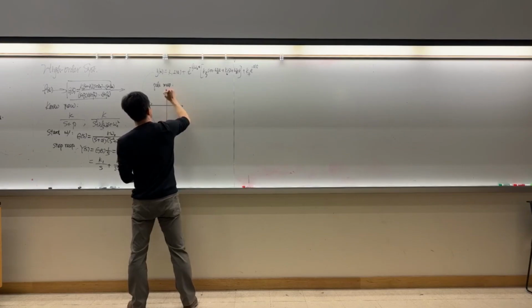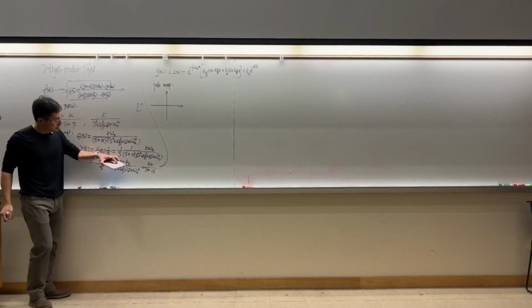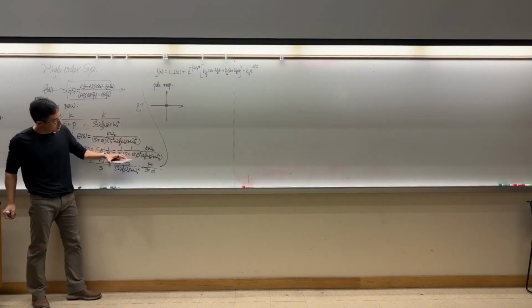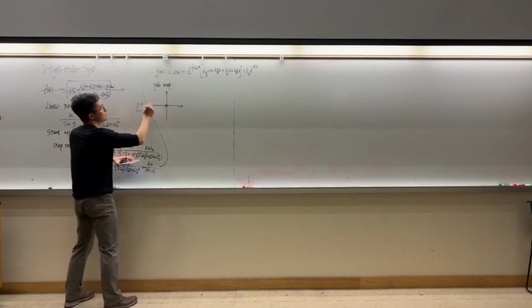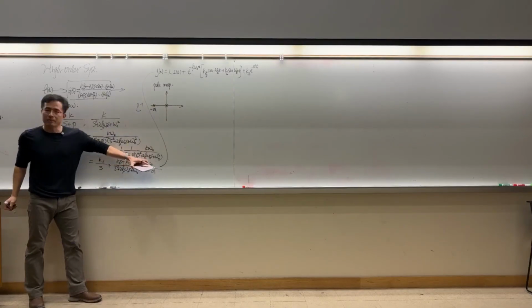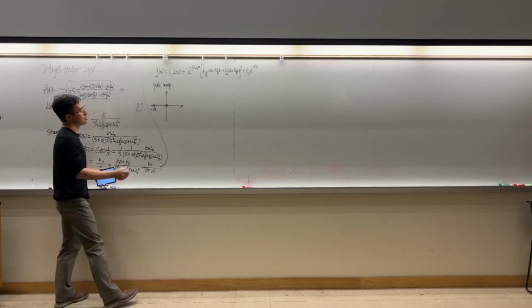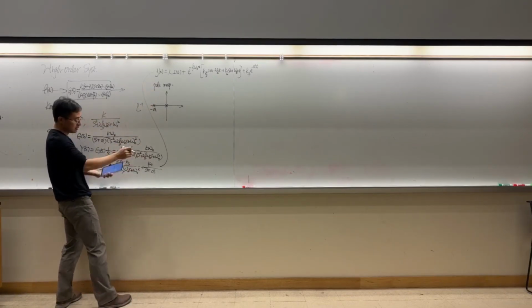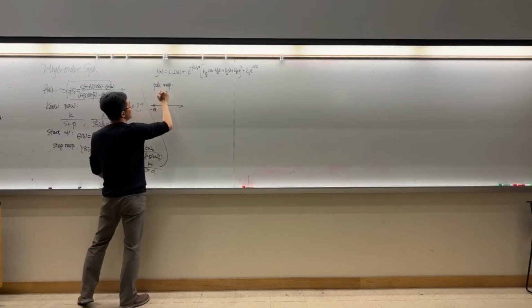We have one root at 0, and then one real root, somewhere here, let's say negative alpha, and a pair of complex conjugate roots. And depending on the numbers, they can be at different places, let's say somewhere here.